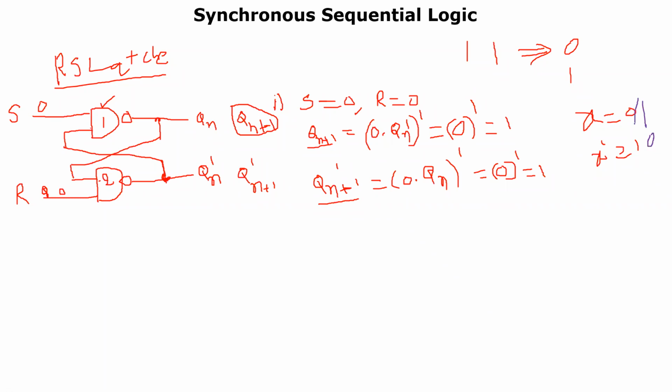This is the nature of the values. But here Qn plus 1, I mean the next state of this particular RS latch, is having 1, and Qn plus 1 complement is also having 1.